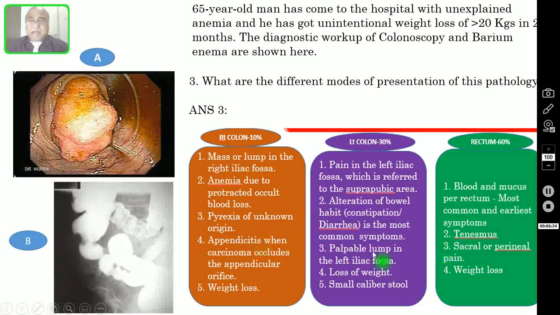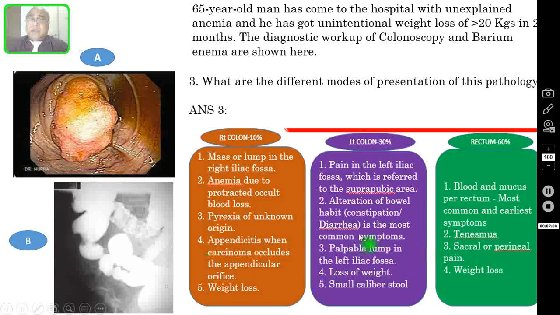Of course, for all these sites, whenever it is carcinoma, the patient will also give a history of weight loss. Suppose it is left-sided colon, the patient will have pain in the left iliac fossa, and that will be referred to the suprapubic area. Apart from that, the patient also will have alteration of the bowel habit, that is both constipation and diarrhea.